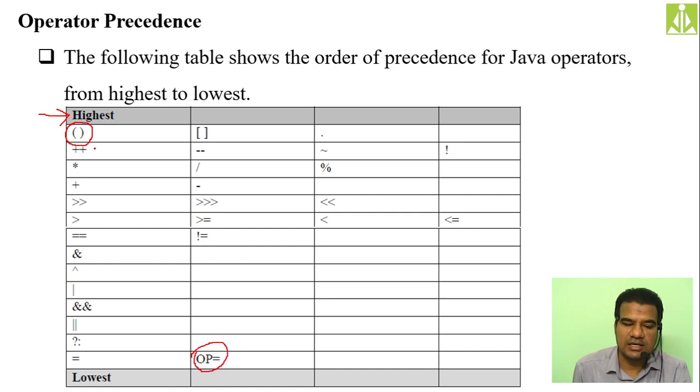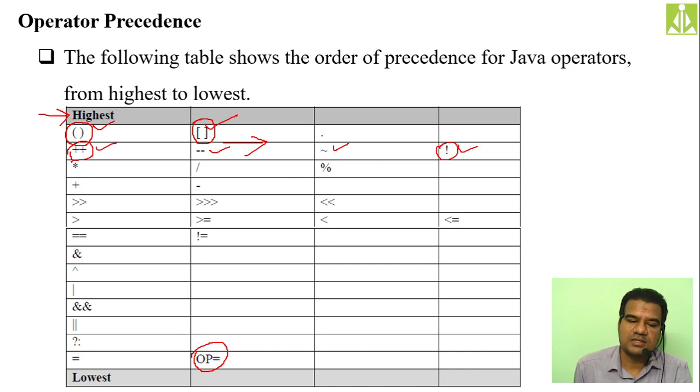When compared in a row, this operator has the highest and this last one has the lowest priority. So the precedence will go in this direction: first this, then this, then this, then finally this one, and likewise top to bottom.